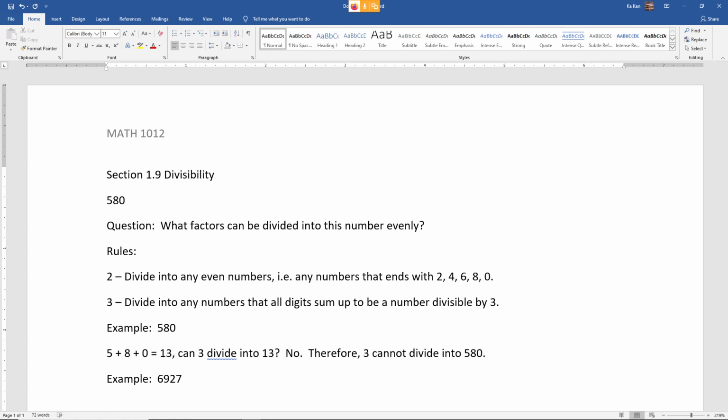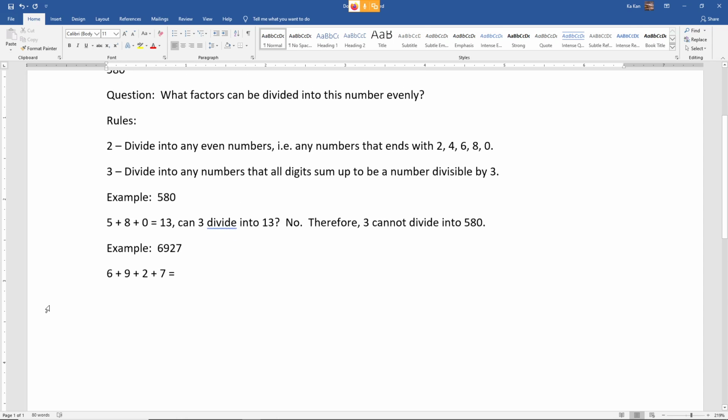Let's try this: 6 plus 9 plus 2 plus 7. 6 plus 2 is 8, 8 plus 9 is 17, 17 plus 7 is 24, right?